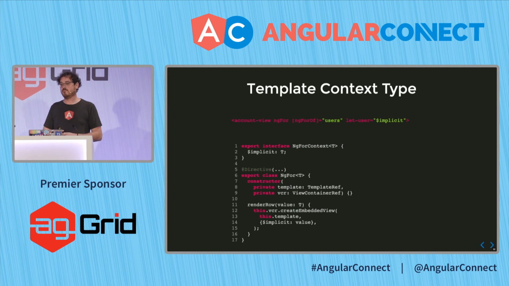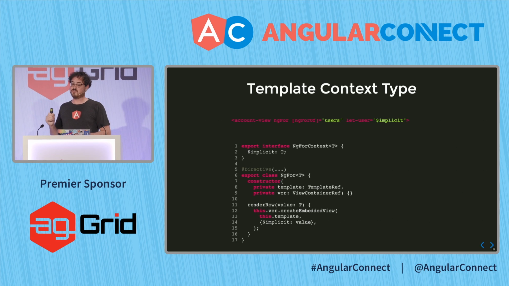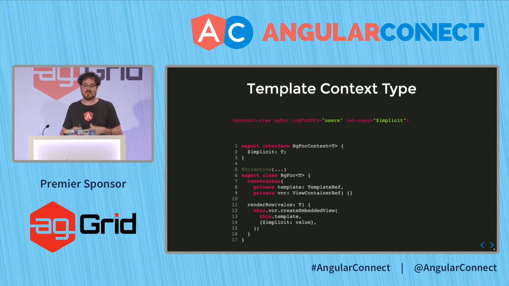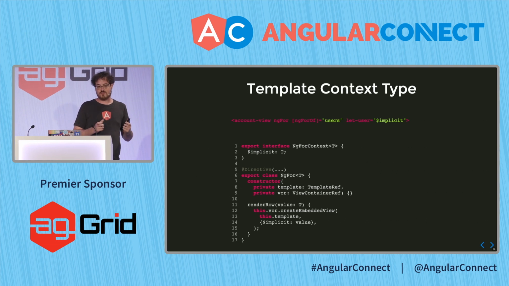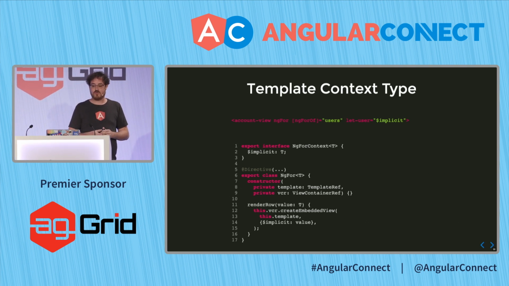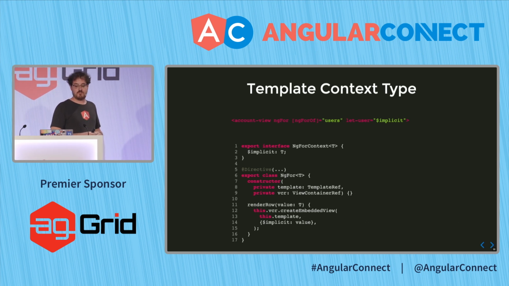So the last problem, how we figure out the type of the loop variable, I almost gave up on because it's actually really hard. So the way this user loop variable gets set in ngFor is you call viewContainerRef.createEmbeddedView, and you pass in this context object.